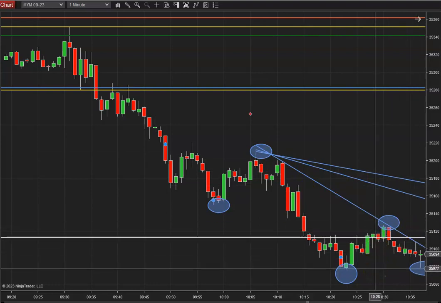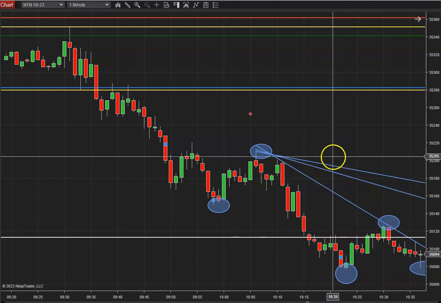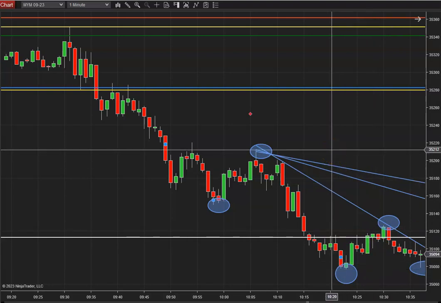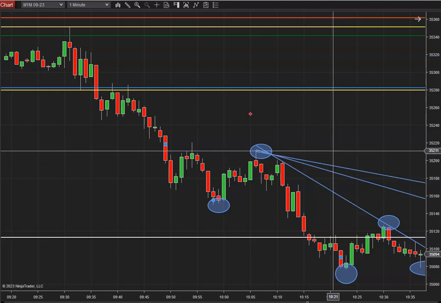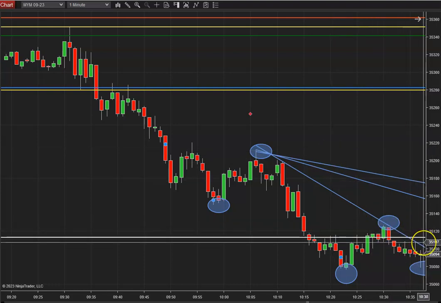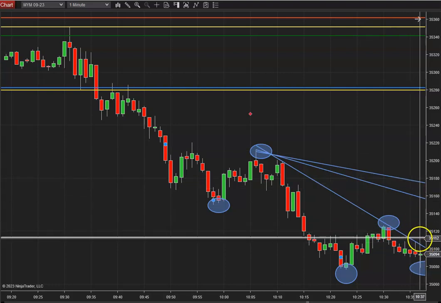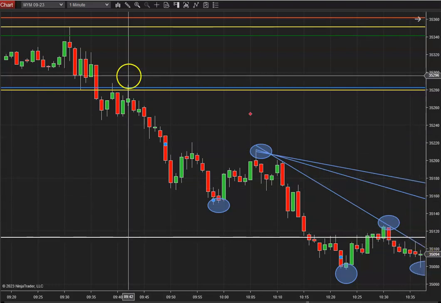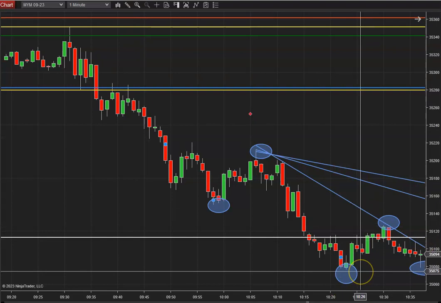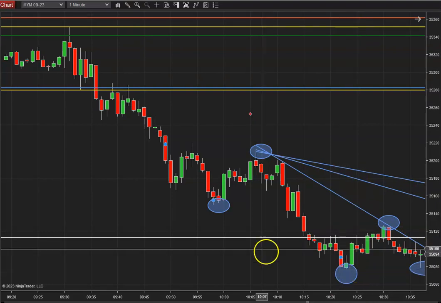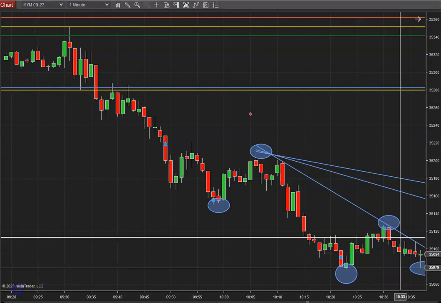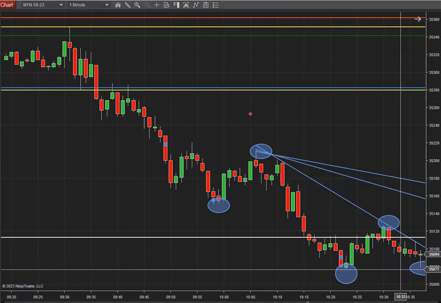The difference between the head down here, 35.77 to 212, we'll call it 130 points or so. So you'd have a 130 point target if this breaks, and your stop is really small in this case, right below the head. Great reward to risk.